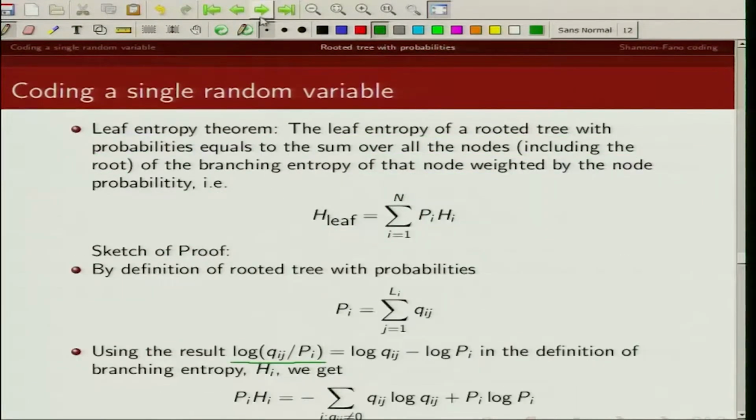So this will be log of Qij minus log of Pi. Now from the definition of branching entropy, if I multiply this by Pi, what I get is Pi Hi is given by this expression.